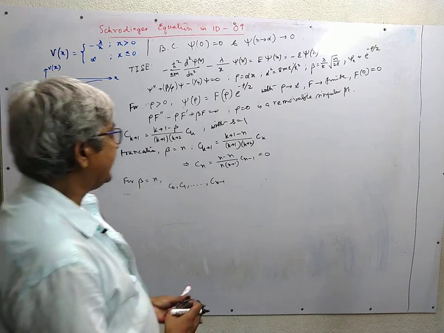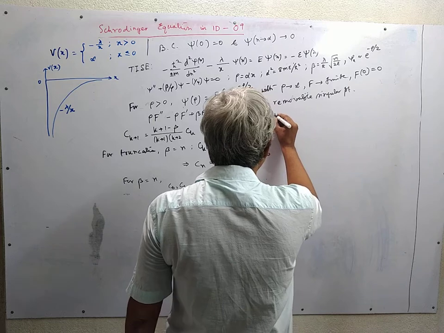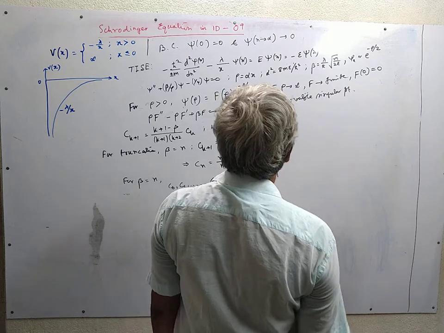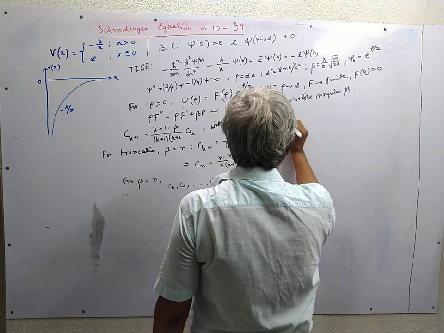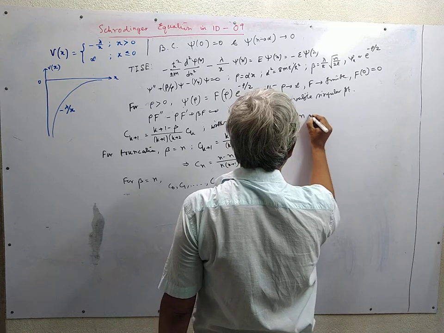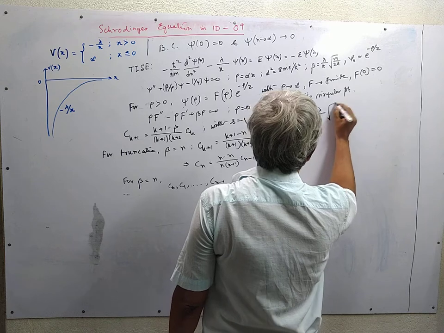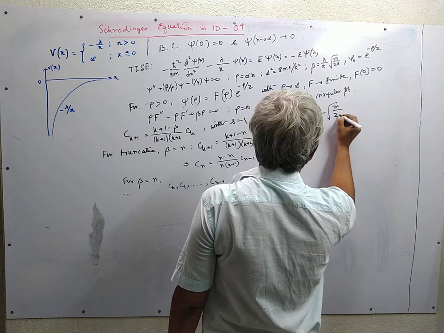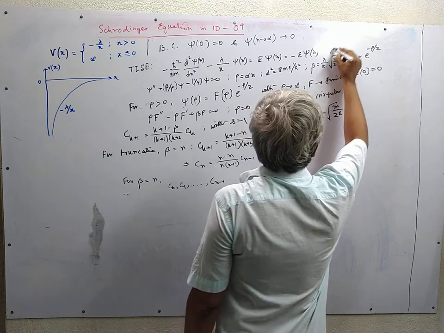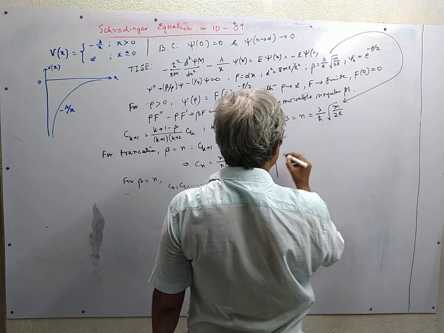If we come to the energy eigenvalues, now you see the energy eigenvalues is given by this. Now beta is equal to n is equal to lambda by h bar root over m by twice epsilon. This is this relation.